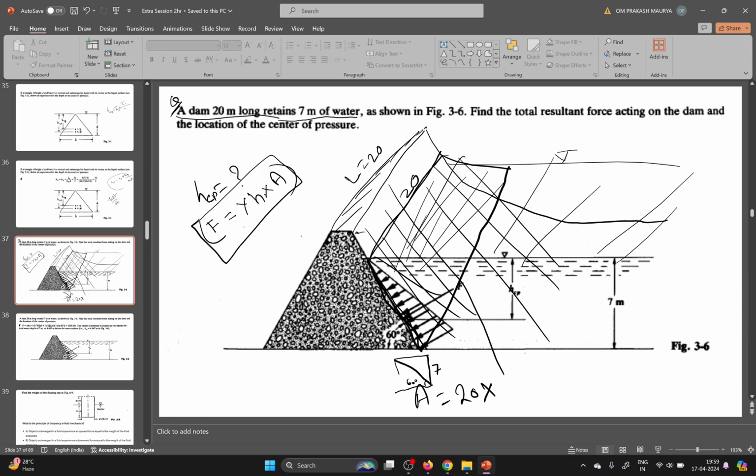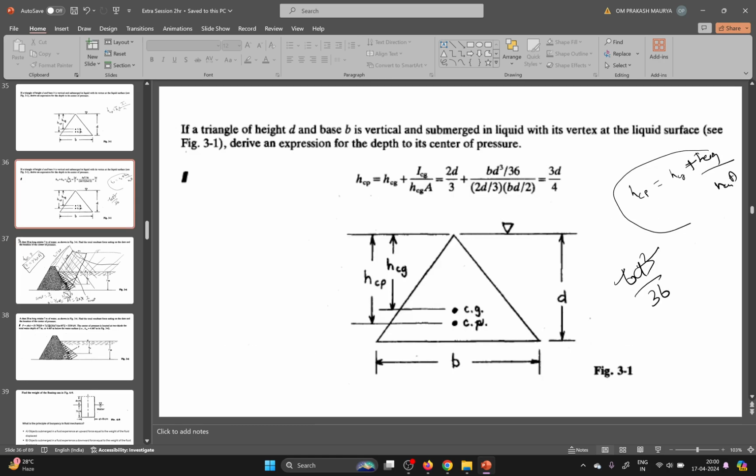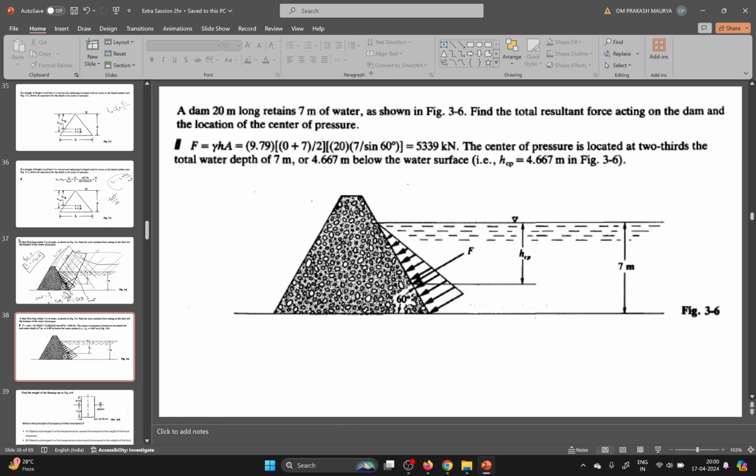So you can also draw a straight line here. This is also 7. So sine theta, sine 60 degree, is equal to 7 divided by the hypotenuse. If you want to write the name of this length as b, your b is equal to 7 by sine 60. So like that, your area is these things.